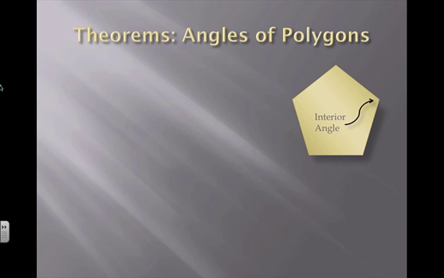So that's what interior angles are. They are simply inside of a polygon and they're located at each vertex of a polygon. The number of interior angles that you will have in a given polygon is determined by the number of sides.